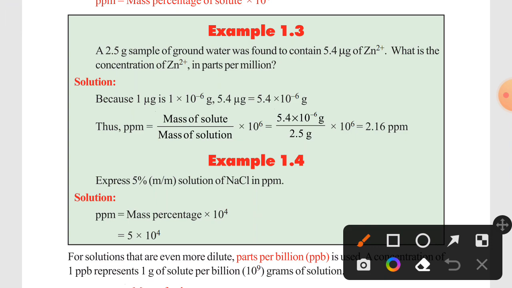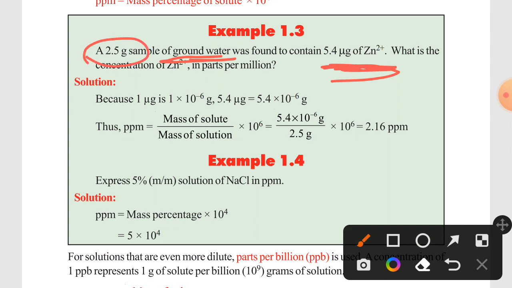A 2.5 gram of sample groundwater was found to contain 5.4 microgram of zincine. What is the concentration of zincine in parts per million? Zincine maadha ammasitti solutiidha. Groundwater immoo maadha solventiidha jechuudha. So kana maal goona, groundwater giraamaan nu kenname.